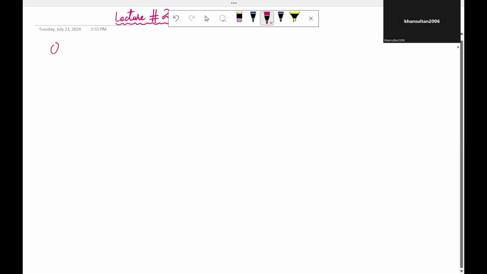So here is a question where they have given us this skeletal structure.